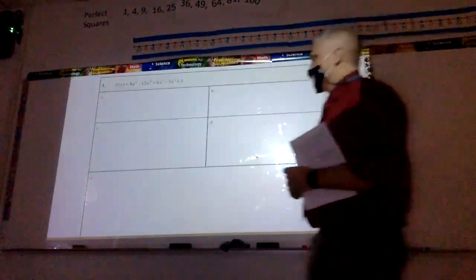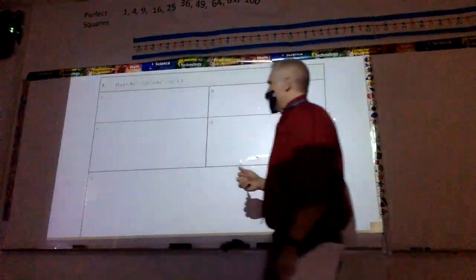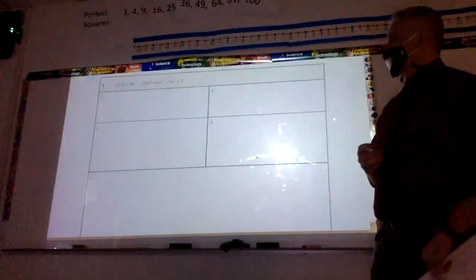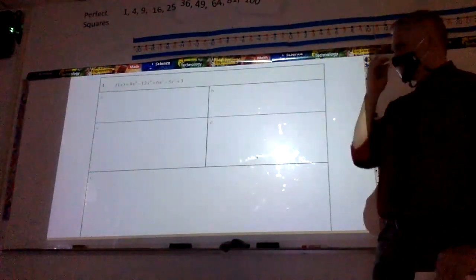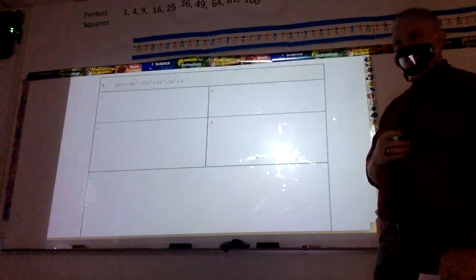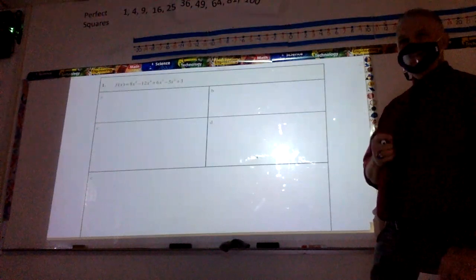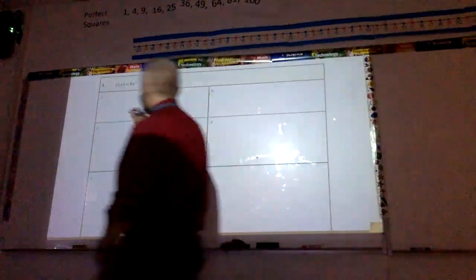So number 1A. We got 8x to the 5th minus 12x to the 4th plus 6x cubed minus 5x squared plus 3. Okay? So by the fundamental theorem of algebra, we have 5 complex zeros.